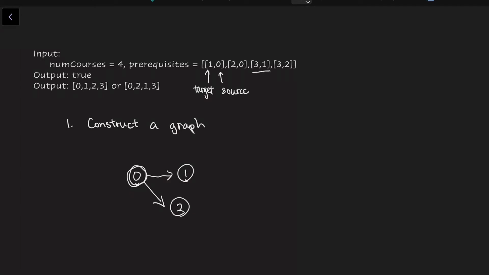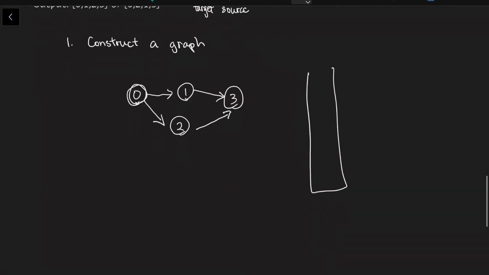And then for the third pair, we want to generate the node 3 and have an edge from node 1 to node 3. Similar for this one, for the 3-2 pair, we want to have an edge between node 2 and node 3. But we already have a node 3 here, so we're just having an edge pointing to node 3 from 2. And this is our final edge. And we just want to run a topological sort on this graph using a stack.